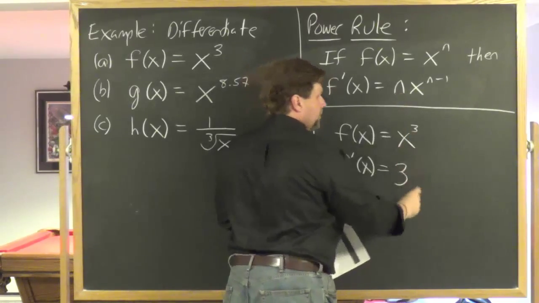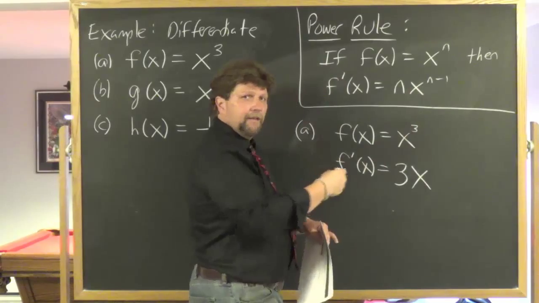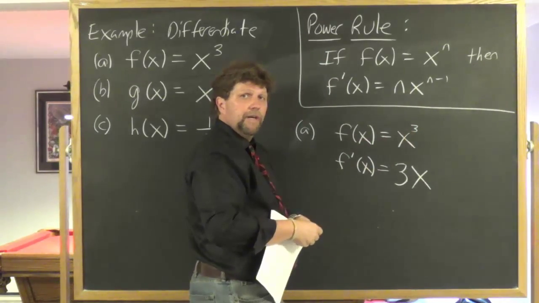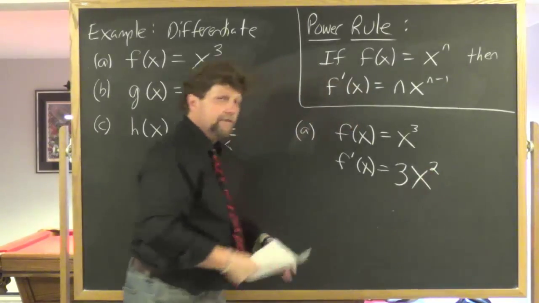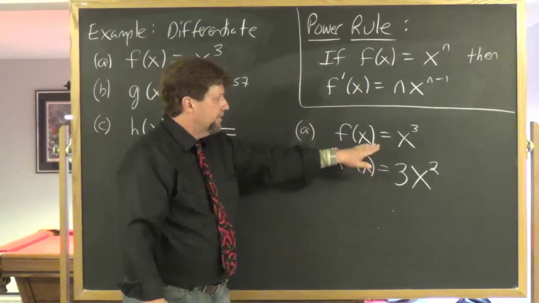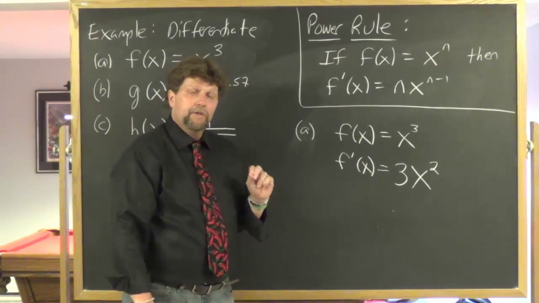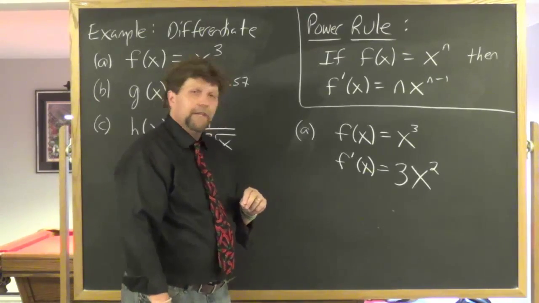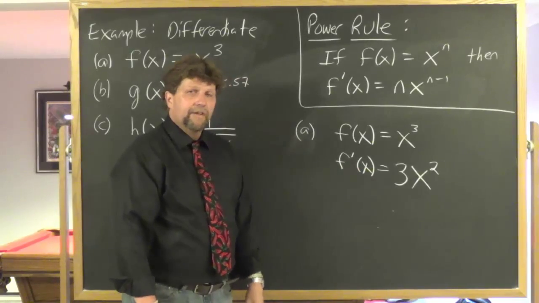Then the power rule says subtract 1 from the exponent. 3 minus 1 is 2. And that's all there is to it. That is the derivative of x cubed. It's a lot more efficient, a little quicker than using the definition of the derivative that we talked about in the last chapter. Boom. We have the derivative.